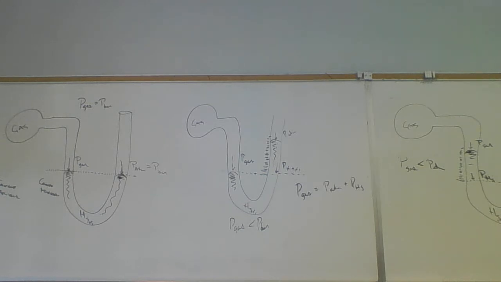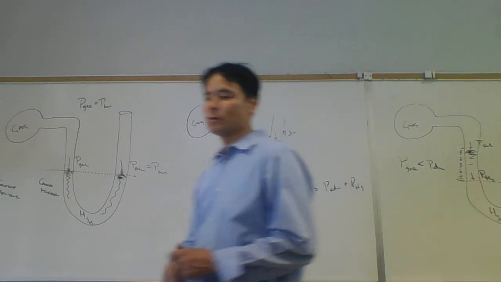And so the weight of the gas plus the weight of the mercury is equal to the atmospheric pressure. In other words, the pressure of the gas here is equal to the pressure of the atmosphere minus the pressure of the mercury. And so here I can calculate what the gas pressure is. So measuring the atmospheric pressure in millimeters of mercury and measuring this liquid mercury pressure in millimeters of mercury. Again, millimeters of mercury would be directly proportional to the pressure.